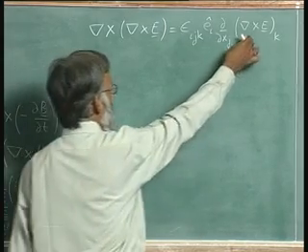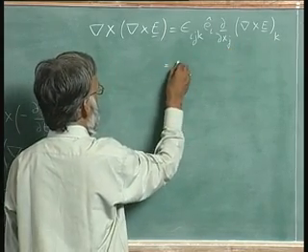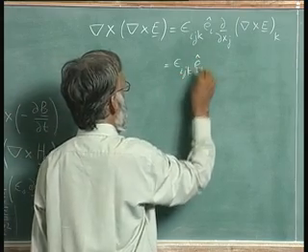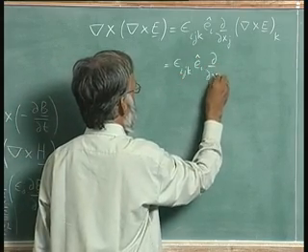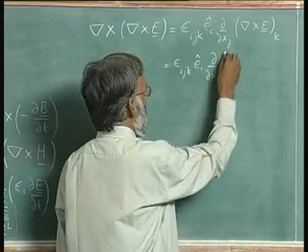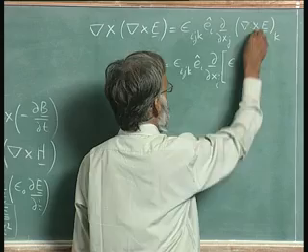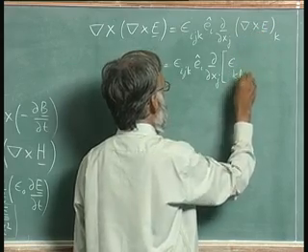But this itself is a curl. So, I can write it as epsilon ijk, unit vector along i, derivative along j of epsilon klm.